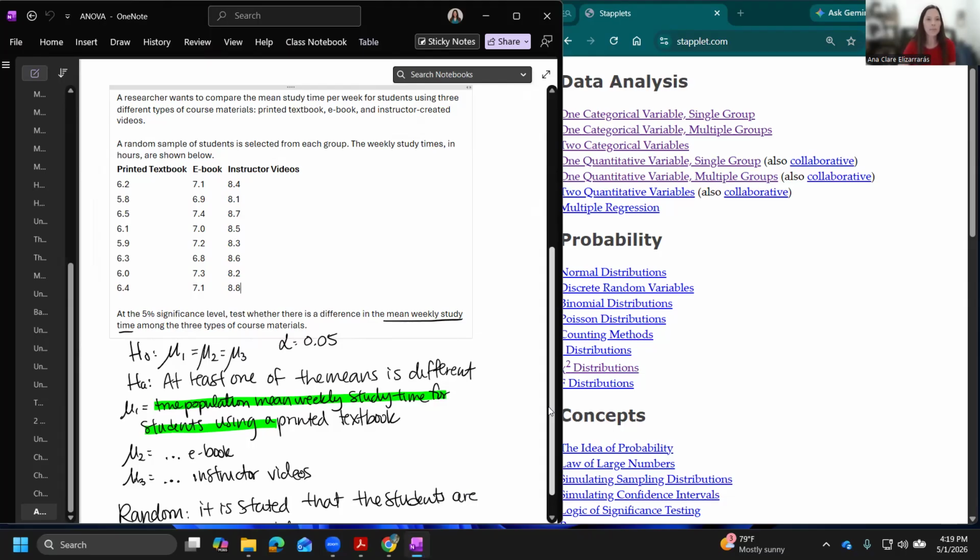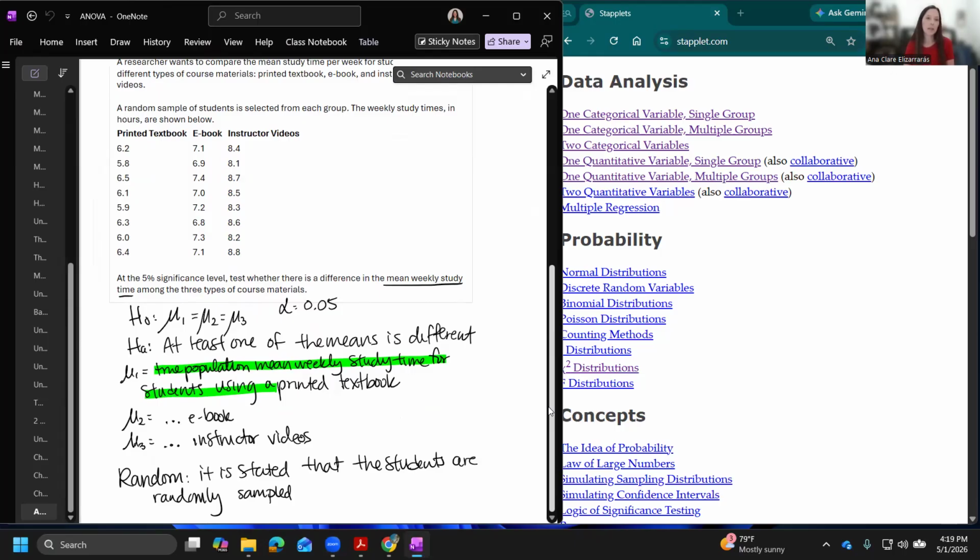Scroll down just a little bit. And then for independent, we need to determine how many students there are. We have 1, 2, 3, 4, 5, 6, 7, 8, I believe 24. So for independent, we have 24 times 10. We need 240 students in the population.